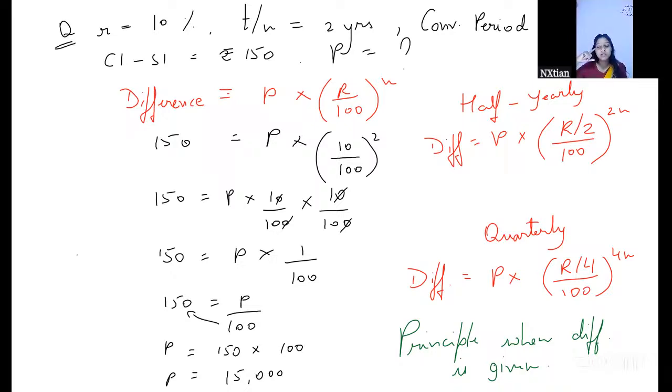When we have to find the difference between SI and CI, we use the SI formula for SI and the amount formula for CI, calculate them separately, and then subtract the simple interest from the compound interest. The previous question we tried is a different thing.